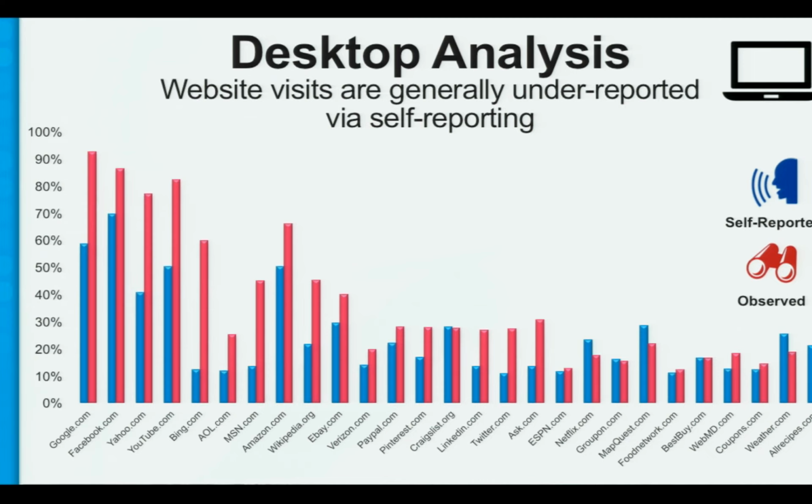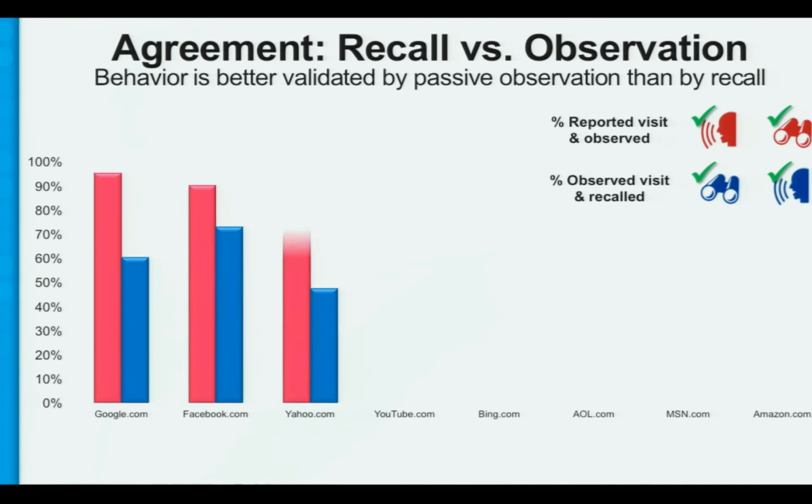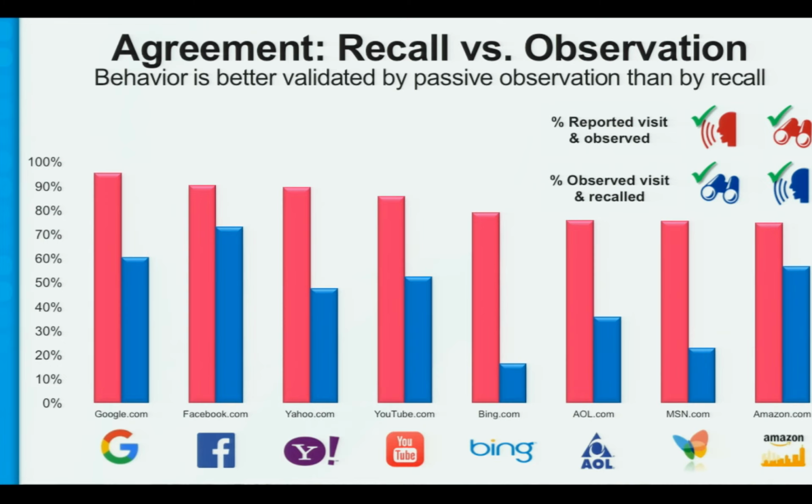So here, one of the things I wanted to point out was we can look at the agree rate. Actually, this time it's a little bit easier to see. So we actually drew another chart. This is when, if you told us that you went to a website and we actually observed it, you would get a true agree rate. Okay, so that's red. But if we observed a visit and then you recalled it, that's sort of a false agree rate.